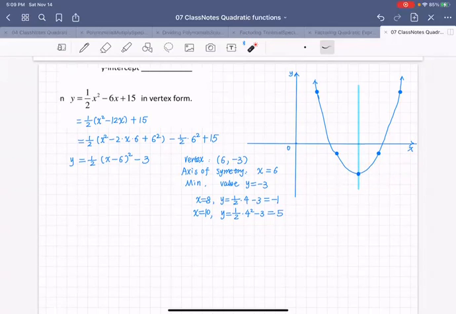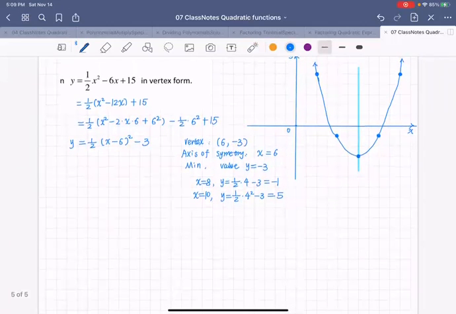So the formula we derived today is x squared equals 4py, right? This one, we can rewrite to the same format.